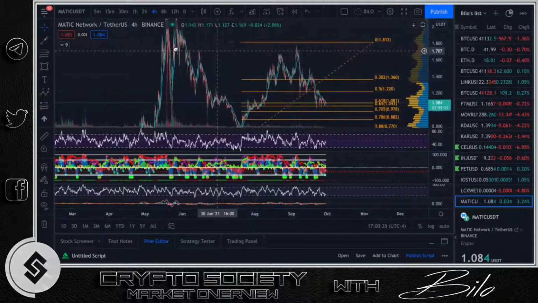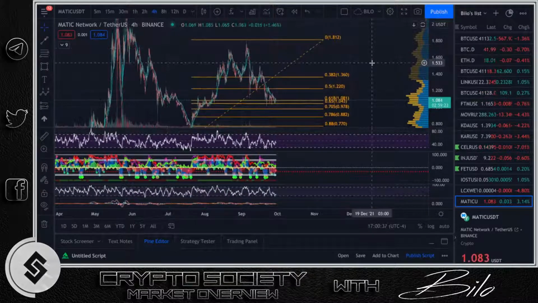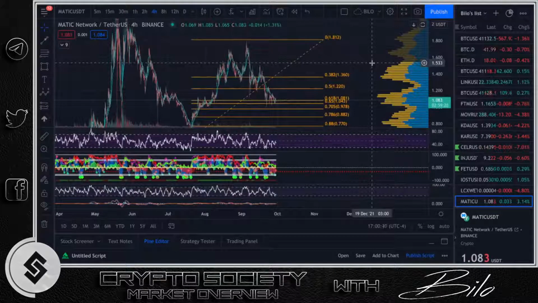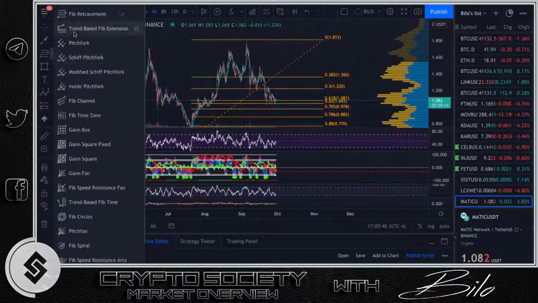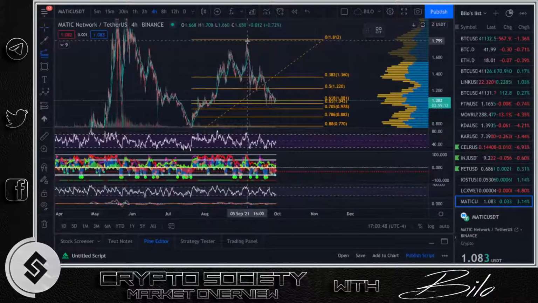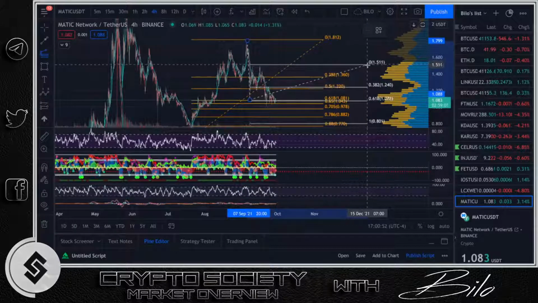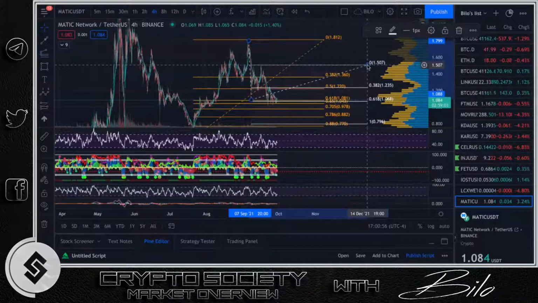We are currently bang on it. Now, do me a favor and just zoom out a little bit, and check the drop from the high, and see where we are.